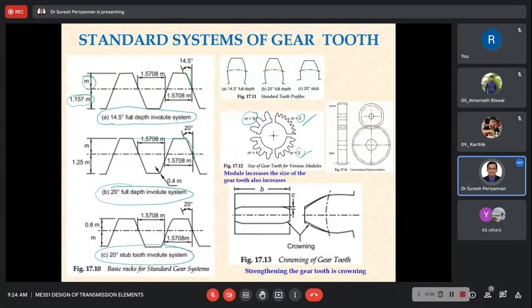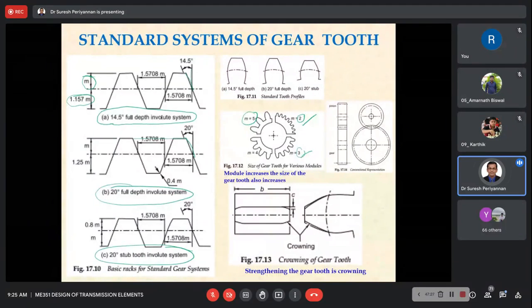Increasing the pressure angle improves the tooth strength, but it decreases the duration of contact while increasing the pressure angle.